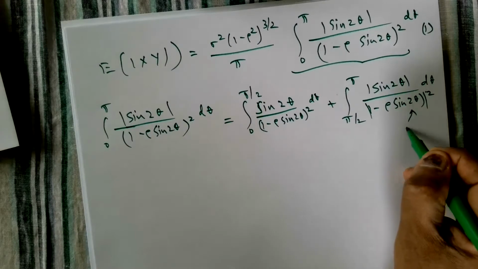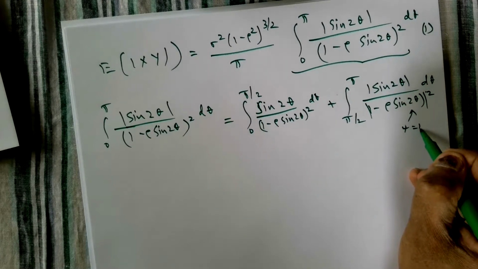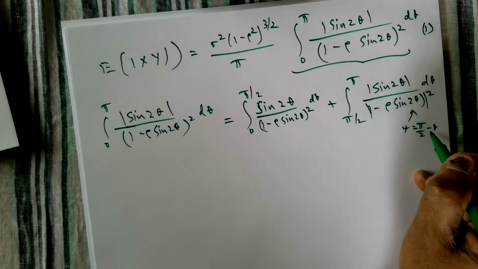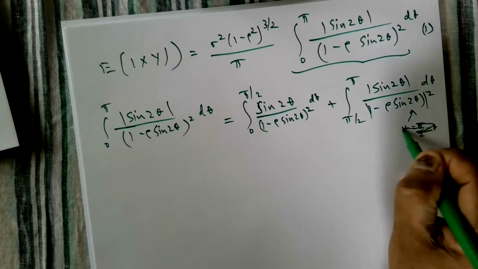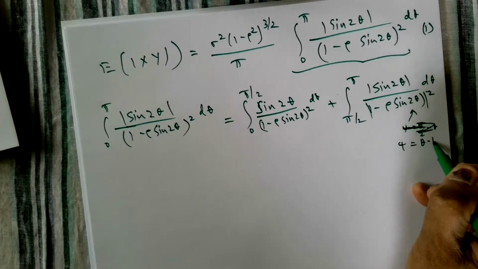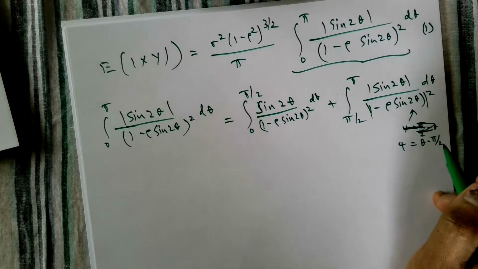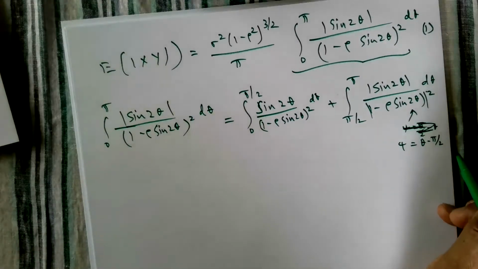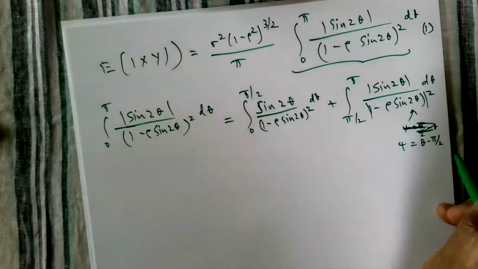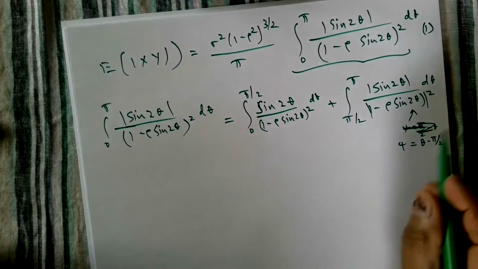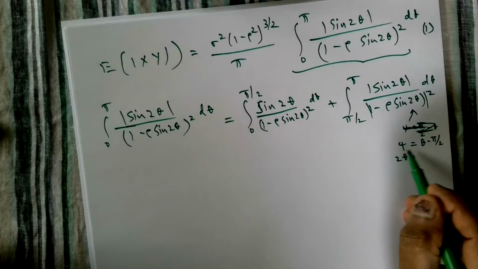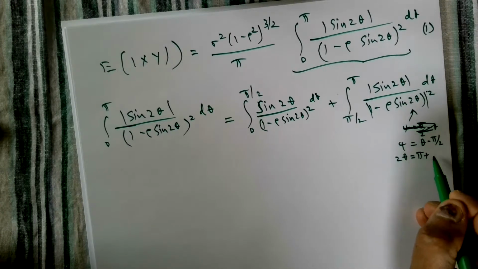So the easiest way is to define phi to be theta minus pi by 2. So notice that 2 theta is pi plus 2 phi.